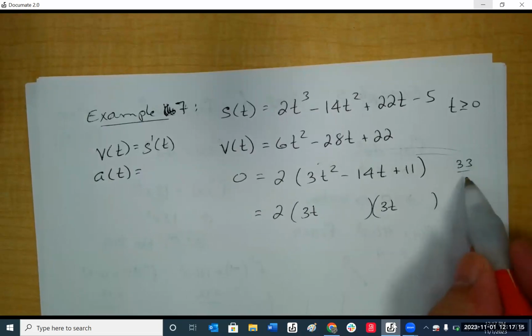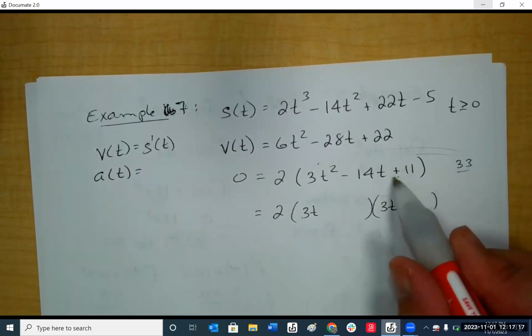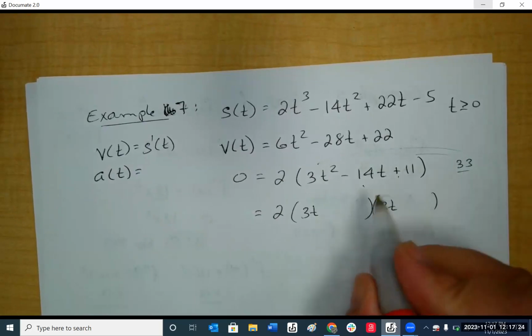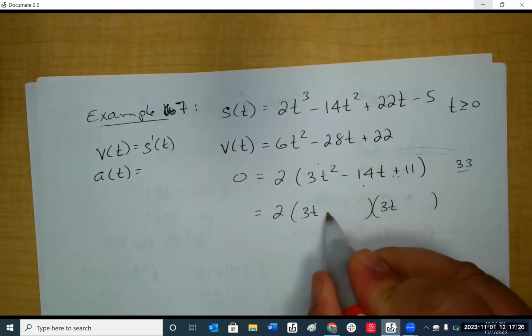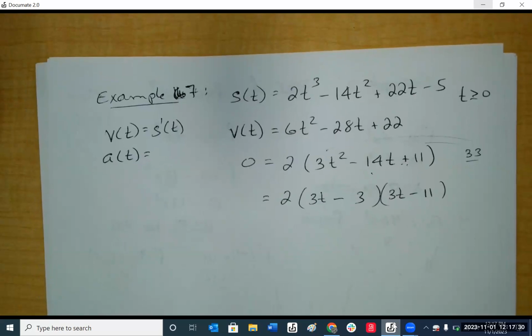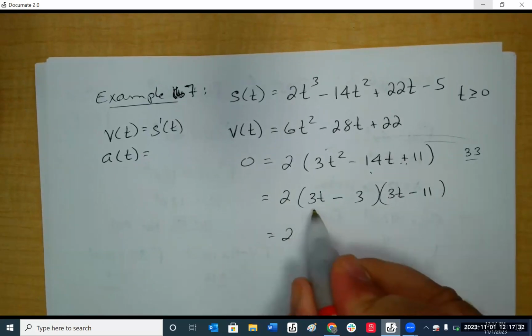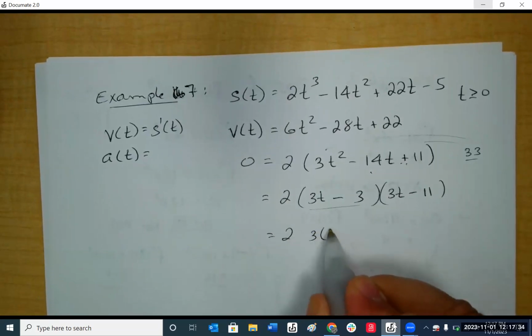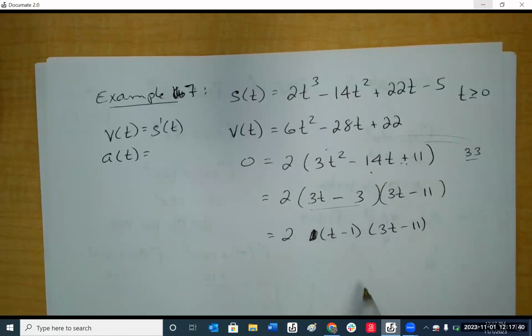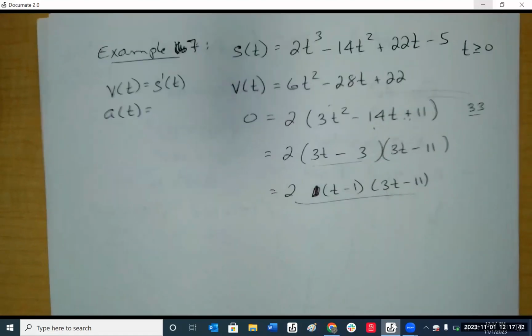What times what is 33, and when you add them you get 14? 3 and 11. In this one, I could factor out a 3. So there are my factors.